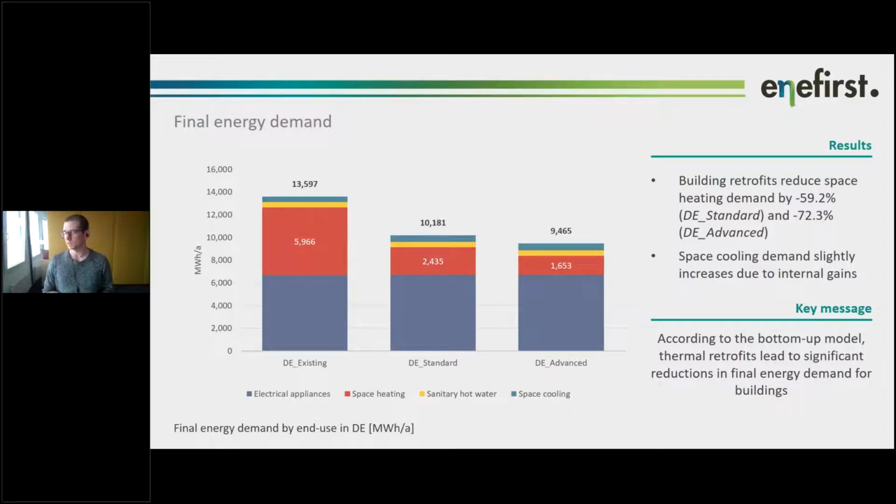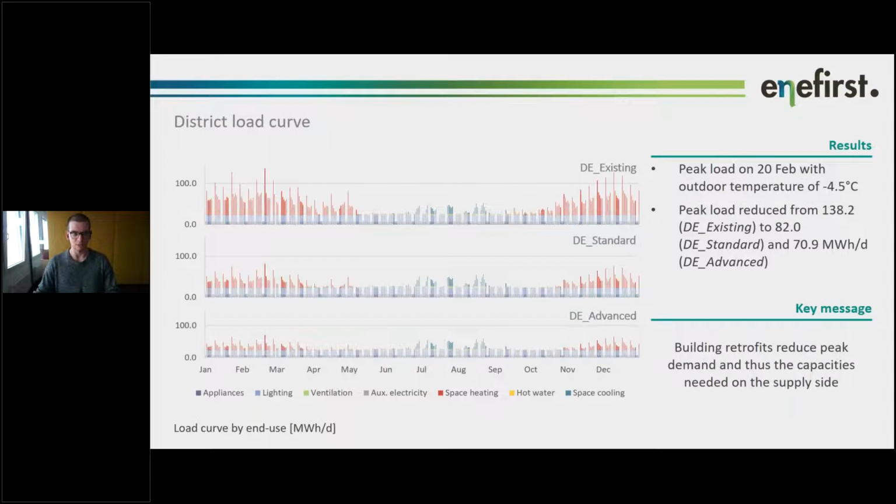Once the report is out, when you look at the results for Spain, for example, there are some interesting ramifications on space cooling demand and district cooling networks. So overall, key message here, according to this bottom-up model, thermal retrofits lead to a significant reduction in final energy demand for buildings. This is not super groundbreaking in itself.